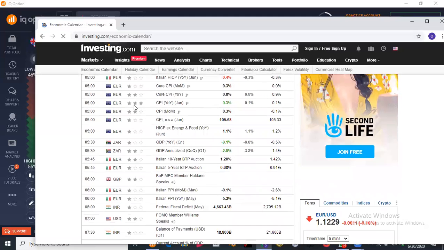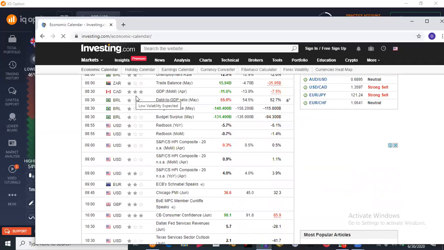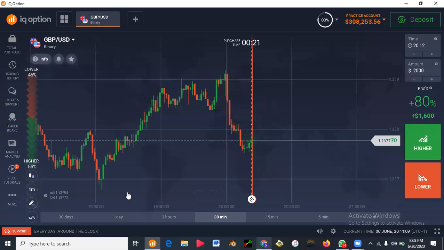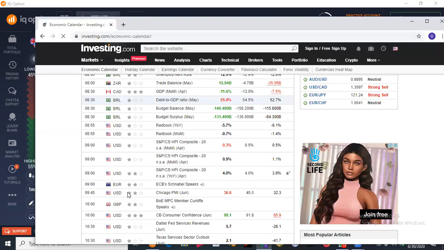We have Canadian dollars going on right now because we are currently at 8:08, and the triple news is at 8:30. That means you don't trade from 7:30 till 9:30. So we don't trade anything that has Canadian dollars now.